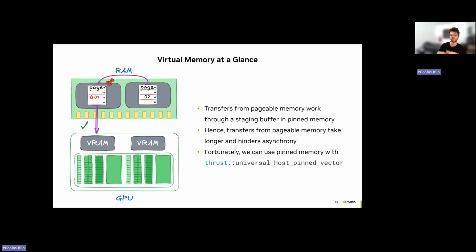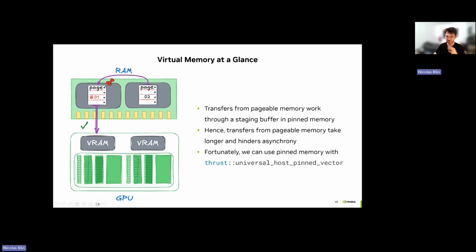When you copy data from regular, what we call pageable memory, the driver moves a chunk of data into the staging buffer, which is pinned, and then sends that chunk to the GPU, waits for it to finish, and then repeats the process again and again. This process effectively makes the copy synchronous, even if we used cudaMemcpyAsync, because it blocks everything else from happening while it does this process over and over.